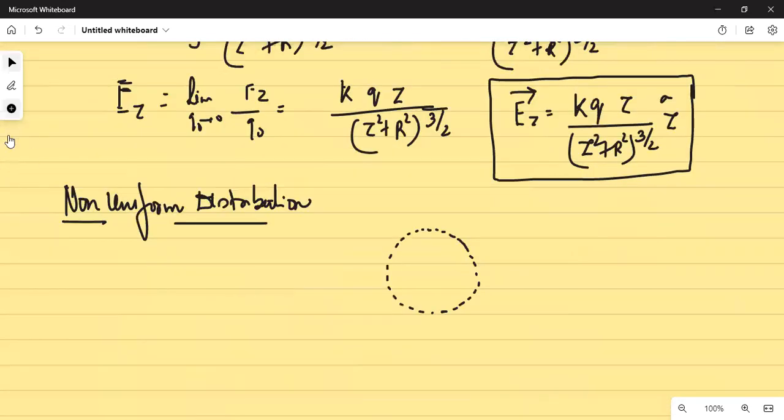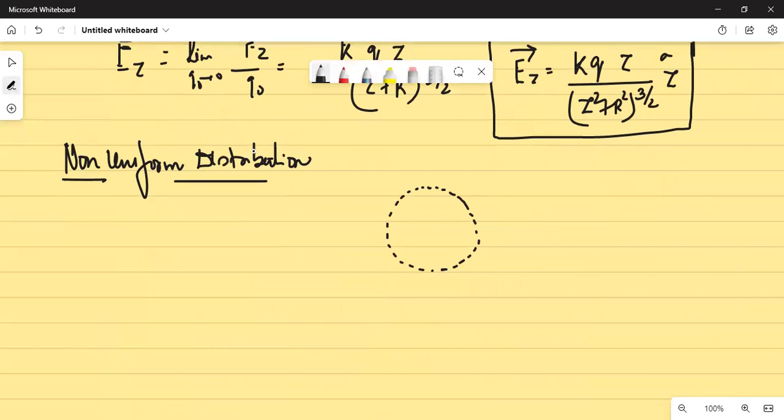Now instead, if you have a non-uniform distribution over the ring, so for example my ring contains now, I'm giving you theta itself so that you don't get confused.